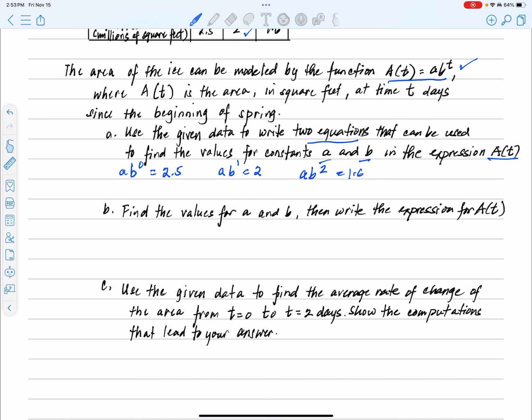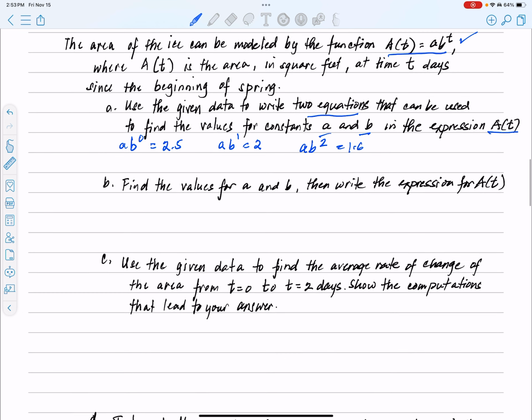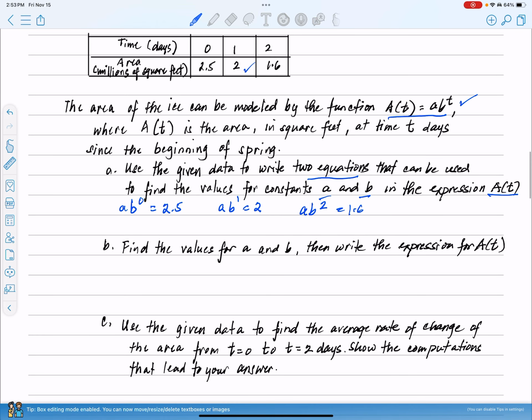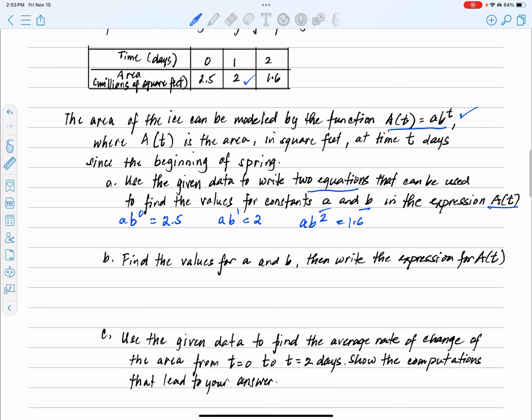There are several ways of doing that. In finding b, the factor, we could get the common ratio: dividing 2 over 2.5 is equal to 0.8. Then 1.6 over 2 is also 0.8, right?